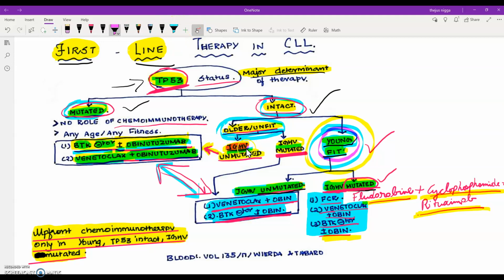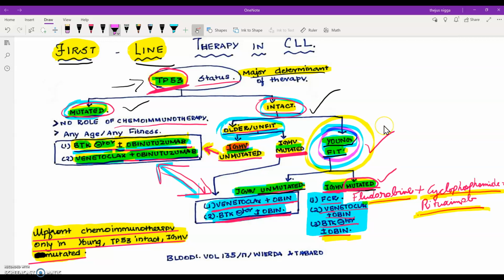Whether IGHV is mutated or unmutated, it doesn't matter. What you do is give Bruton tyrosine kinase inhibitor with or without obinutuzumab, or venetoclax plus obinutuzumab. Whether it's mutated or unmutated, same thing.